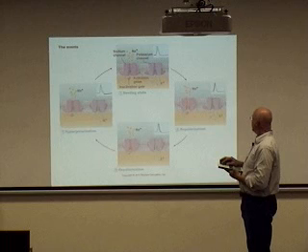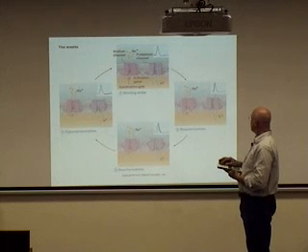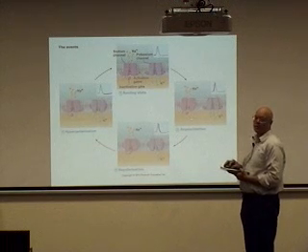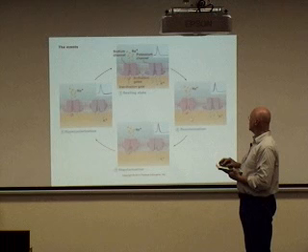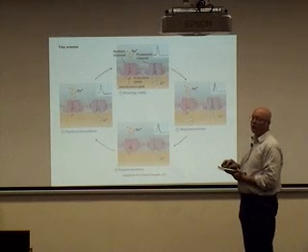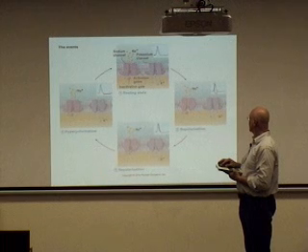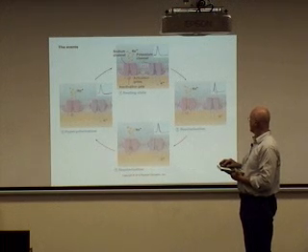Then for depolarization, the sodium gate opens and sodium rushes into the cell. And when all those positive charges rush into the cell, that creates a flipping of the charges, and that creates this depolarization state. We're creating this upward movement in voltage.